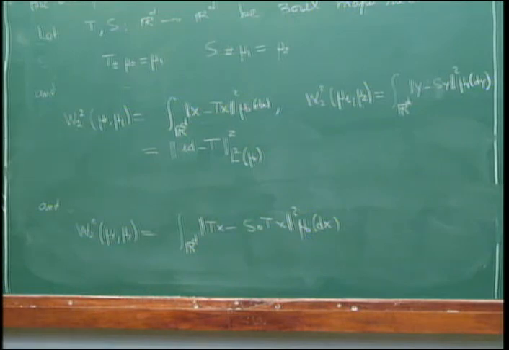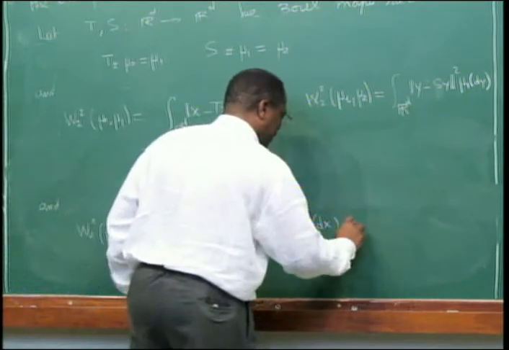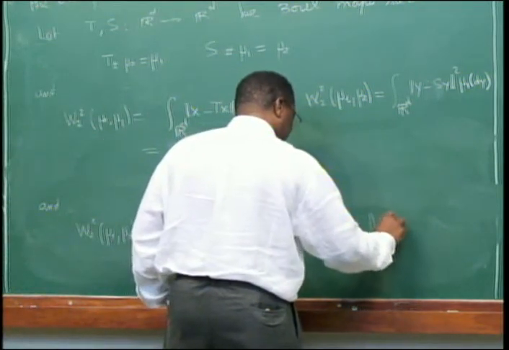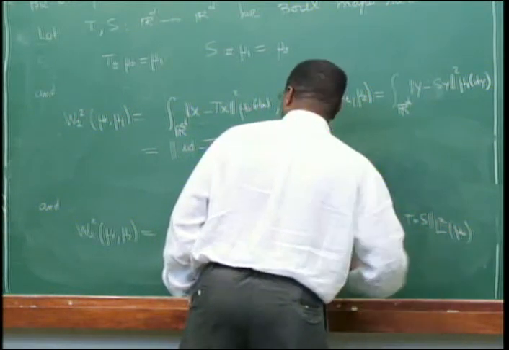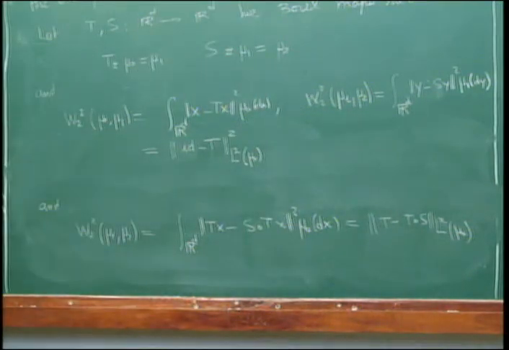So I have used the fact that T pushes mu naught forward to mu1. And this is nothing but the L2 norm of T minus S composition T, the L2 norm with respect to mu naught. So you have proven already that if they are absolutely continuous with respect to the Lebesgue measure, then the Wasserstein distance is given by, no matter which measurable map takes one measure to the other, it's given by that one. Yes, this is the first corollary I stated at the beginning.